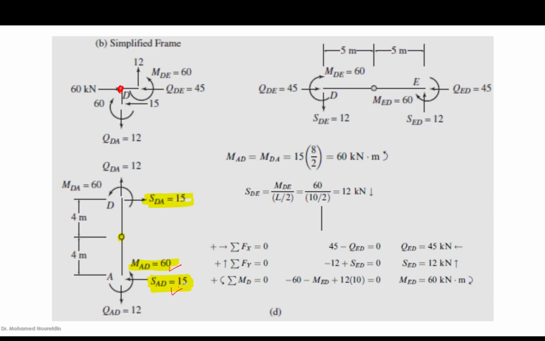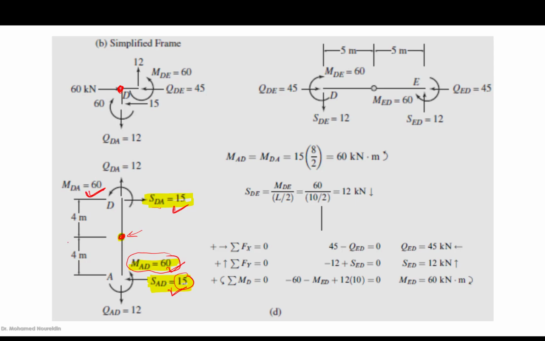This must be known because this 60 is going to equal 15 times 4, using the equation of condition at this internal hinge. So we know the moment, we know the shear here. For this column, this top shear should be 15, similar to the bottom. And the moment should be 60.